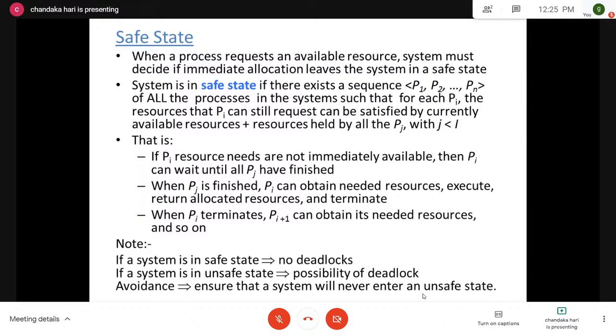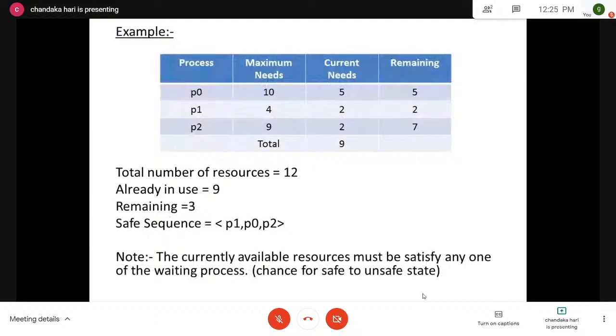In deadlock prevention, you try to see that the necessary conditions causing a deadlock never occur in the system, which is not possible. After that, we have seen a safe state. We need to define a safe sequence in such a way that the system will never enter into the deadlock state. That implies whatever set of resources is currently available, it should satisfy any one of the current waiting processes.